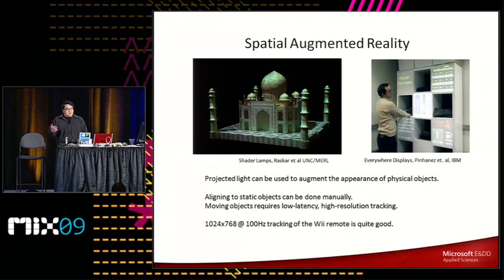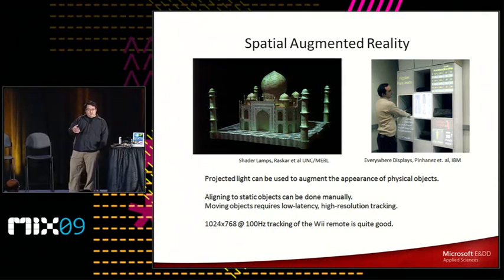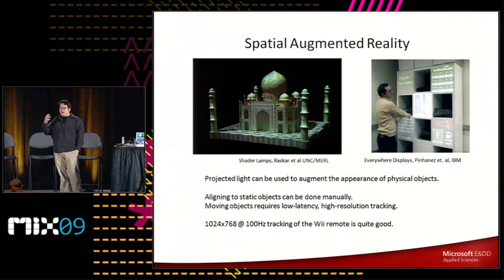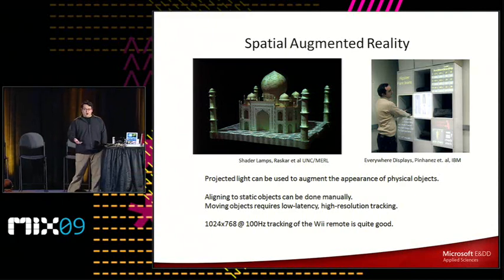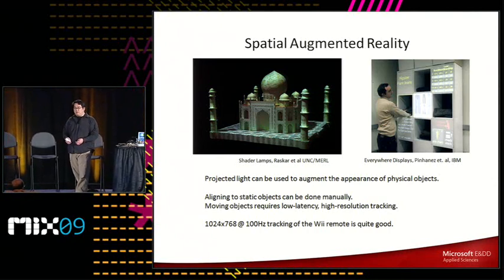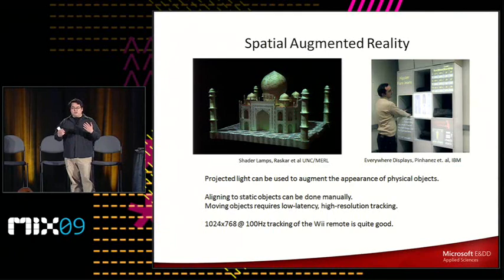But it's the basic observation that we perceive the world as light, which is reflected off other objects. And that is our perception. And if we can control the light which hits those objects, we can control our perception of what those objects are made of, or even where they are and what they're doing. So if you have a 3D model of what you're projecting onto, you can actually augment the appearance of that object with textures, with information, with other interactive components.